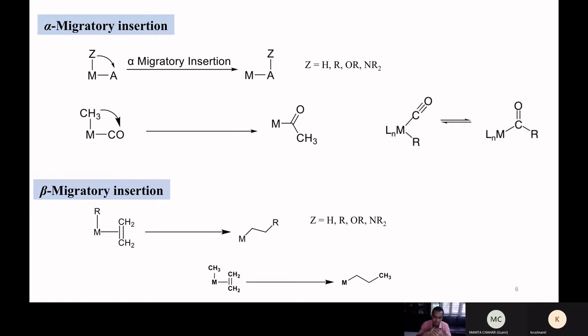insertion or elimination reactions. Another thing you need to understand: the opposite of alpha migratory insertion would be alpha elimination.